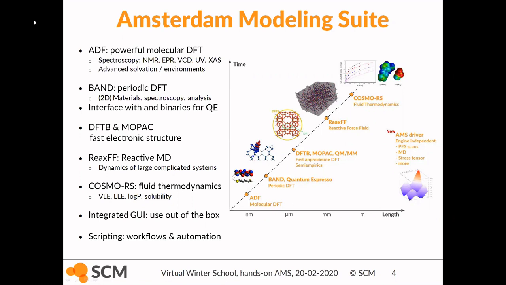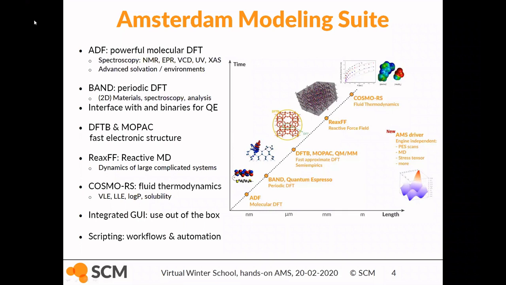We also have currently one code to do microkinetics, and more will be developed in the area of mesoscale and specifically in the context of reactivity. On the continuum end of the length and time scales, we have one module which I'll very briefly introduce. It's called COSMO-RS, and that allows you to deal with thermodynamic properties in solution.